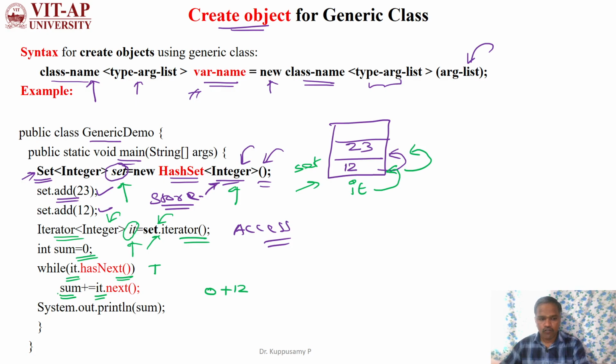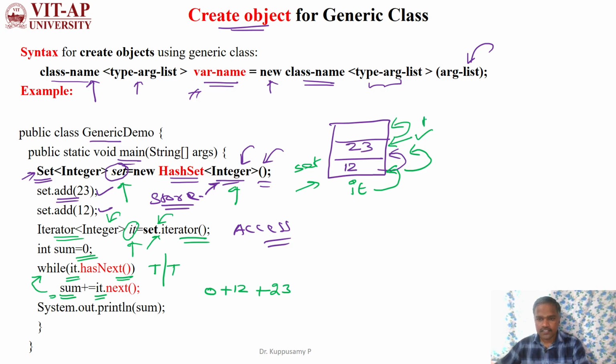Now the while loop has only a single statement, so again going back, checking the condition. Does it have a next element? Yes, it has the next element, 23. So it is giving true and getting inside the while loop. Now the current element is this 23, so 23 is added and it moves to the next position of the HashSet structure.